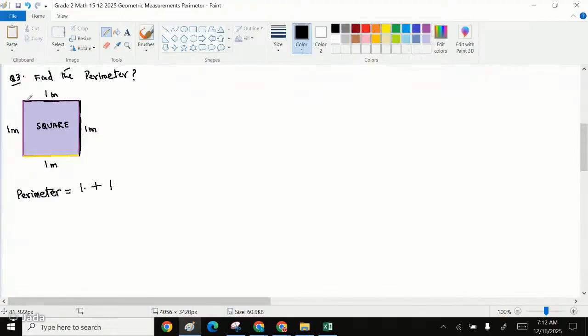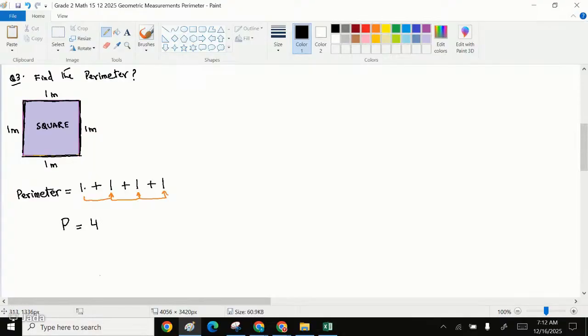The third side, that is still 1 meter. And the last side, it's still 1 meter, since we are adding all the 4 sides, right? So 1 plus 1 is 2, 2 plus 1 is 3, and 3 plus 1 should be 4. That means the perimeter equals 4.